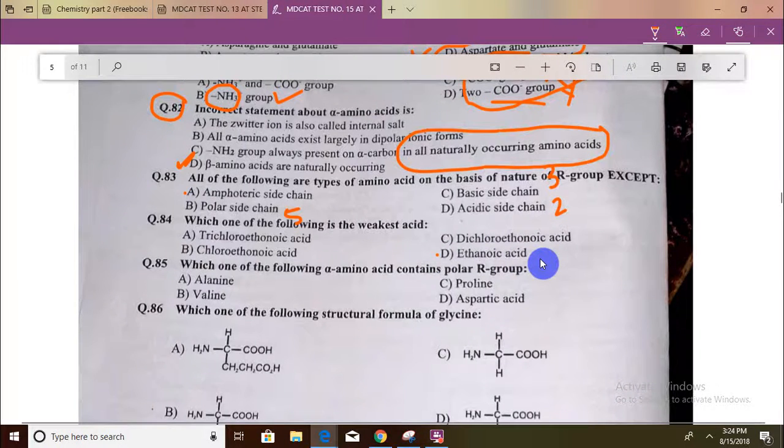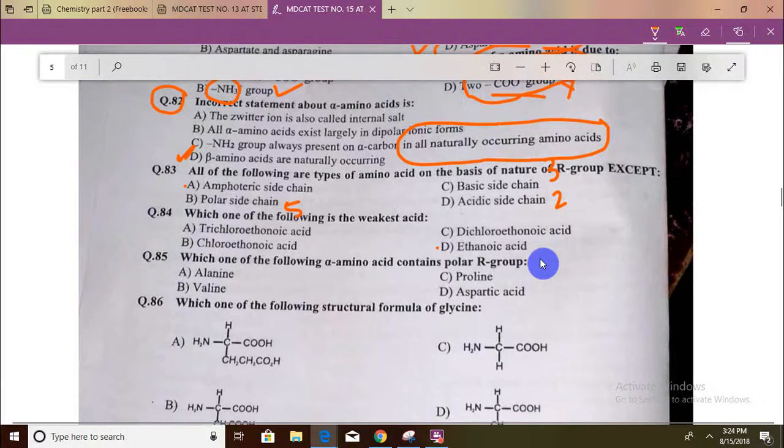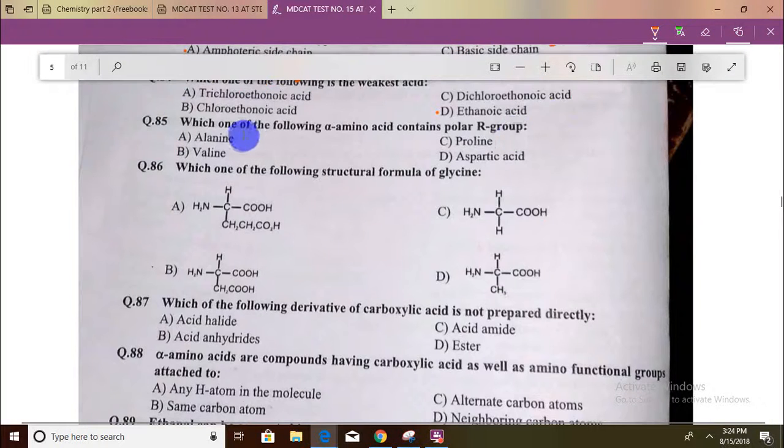So which one of the following alpha amino acids contains a polar R group? Alanine, no, it just has CH3. Valine, no, just an isopropyl attachment. Aspartic acid, on the other hand, it's acidic because it has this. Proline, on the other hand, I would think it's one of those that are neither acidic, nor basic, nor considered polar.